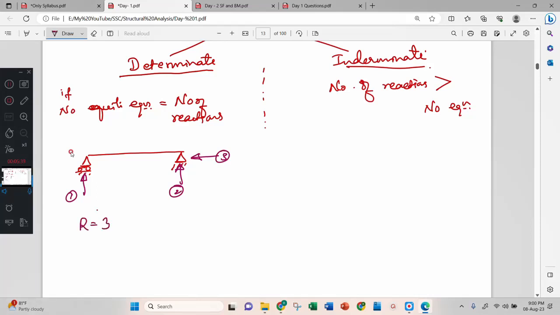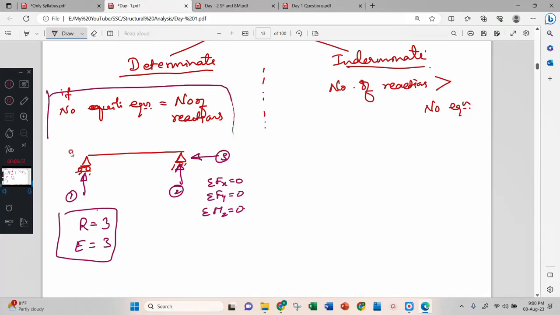How many equations do we need to solve this? We need summation of Fx equal to 0, summation of Fy equal to 0, summation of Mz equal to 0. Three unknowns, three equations. Therefore, the number of equations equals 3, so these two are equal based on this condition. Therefore, the simply supported beam is a determinate beam.